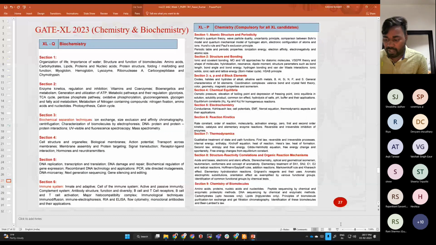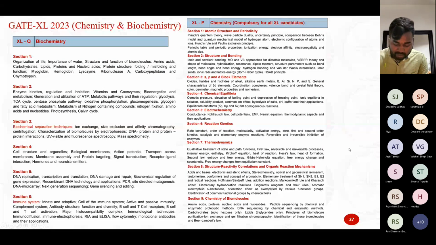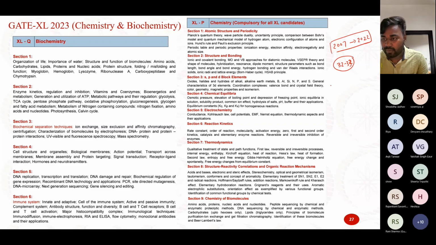Okay, and one important instruction, don't be discouraged about whether you will be able to qualify the exam or not. You just need to focus. Avoid making negative marking. Why negative marking? Because the cutoff does not go beyond 32 to 33. In most years from 2007 to 2022, if you see the cutoff of the GATE examination, it lies between 28 to 34 or 33.